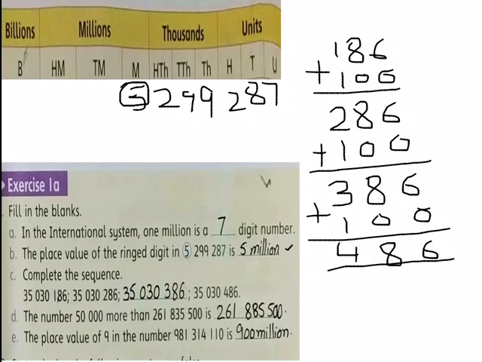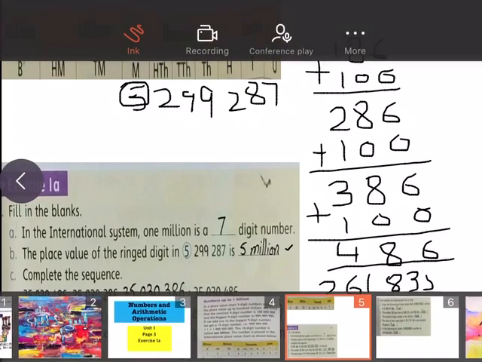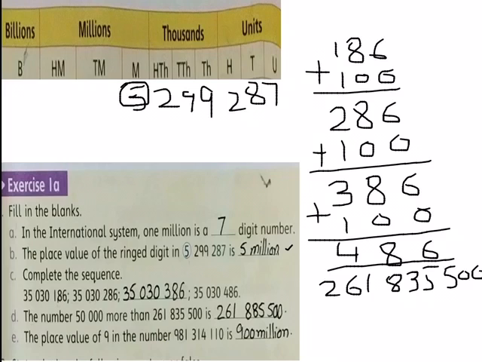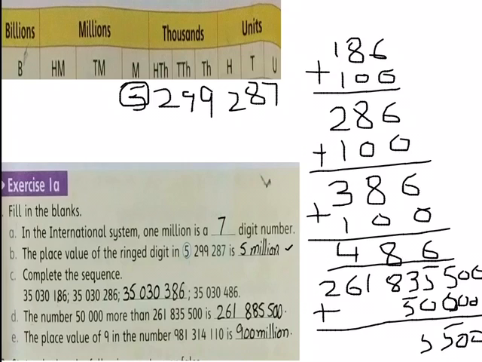Now we will add 50,000 to 835,500. 0 plus 0 is equal to 0, 0 plus 0 is 0, 5 plus 0 is 5, and 3 plus 5 is equal to 8. 1 and 6, 2.